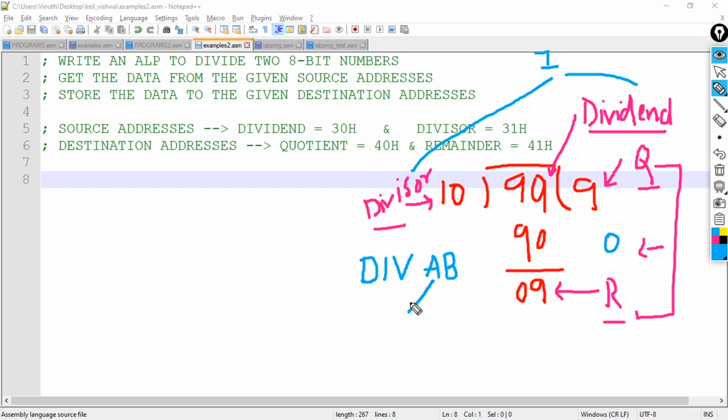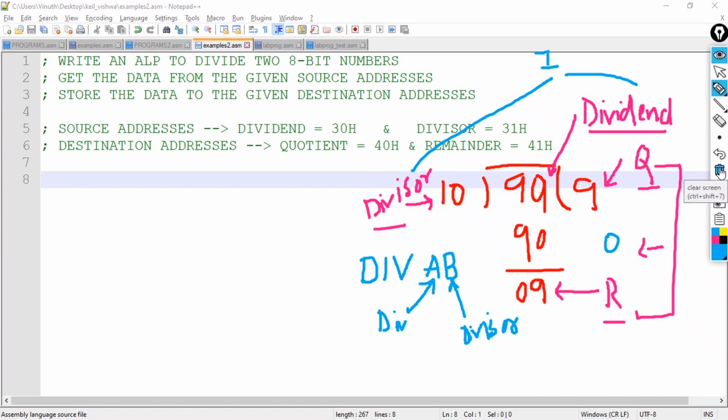In A I need to store the dividend, and in B I need to store the divisor. This is the basic requirement which needs to be done when we are performing the division operation.